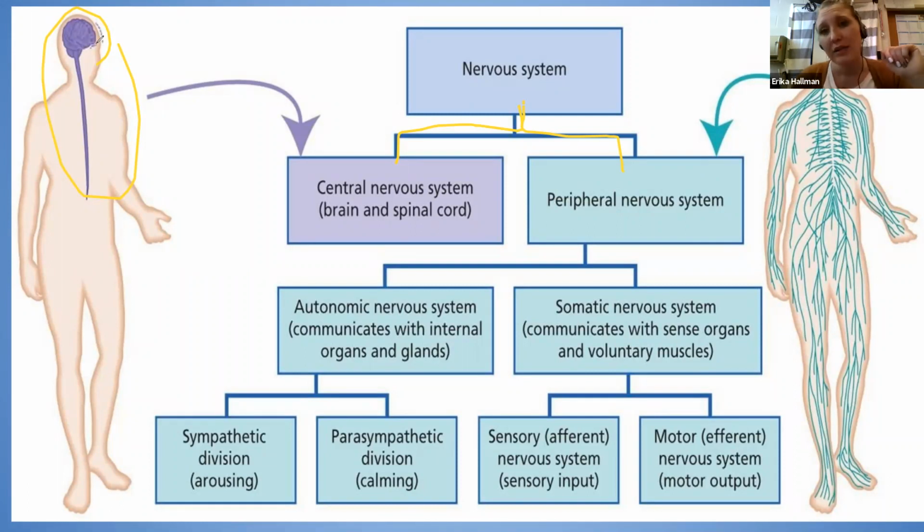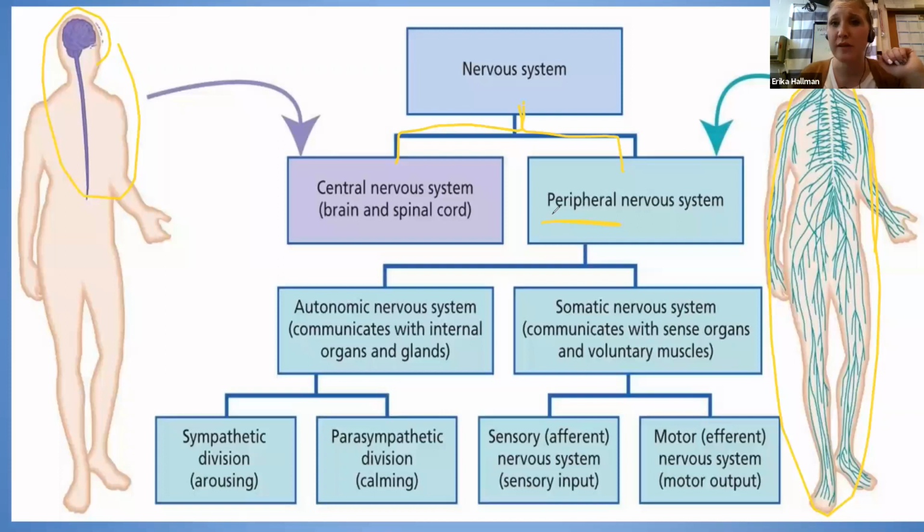We are, though, going to dive into the organization of the peripheral nervous system, which you can see in this picture is everything about our body and the nervous system that does not include the brain and the spinal cord. So all of our nerves, all of our ganglion, everything that is in our body, part of the nervous system, but not our brain and our spinal cord. Remember that term peripheral means towards the edges, all right?